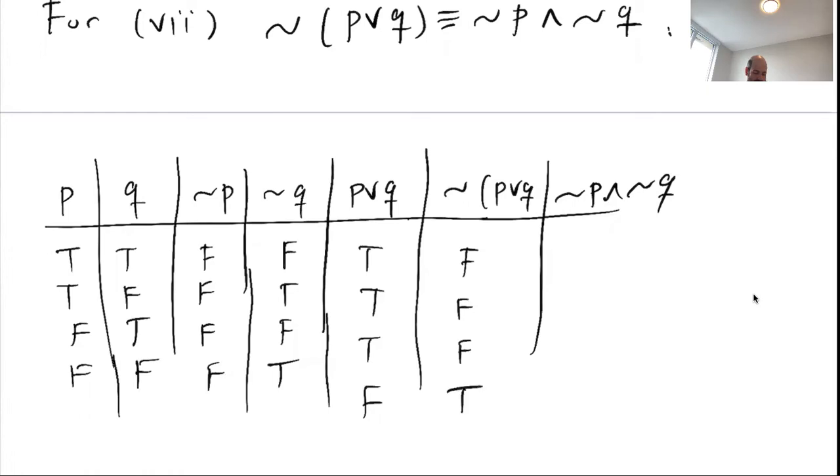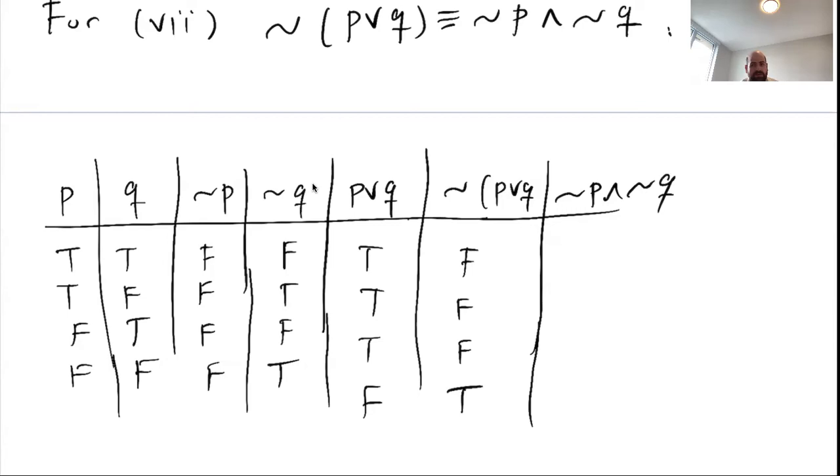And finally, negation P and negation Q. This is the column for negation P, and this is the column for negation Q. I want to look at negation P conjunction negation Q. So again, one proposition conjunction another proposition, the result will always be false, except in the case that both of them are true.